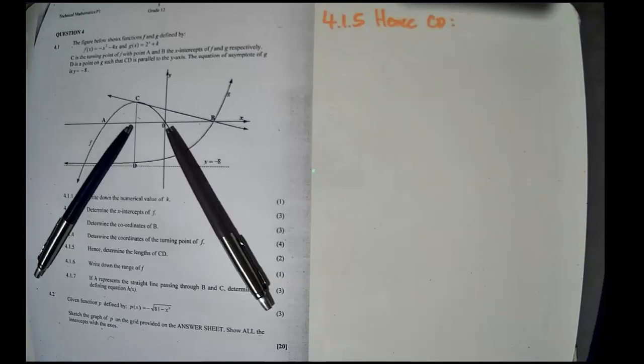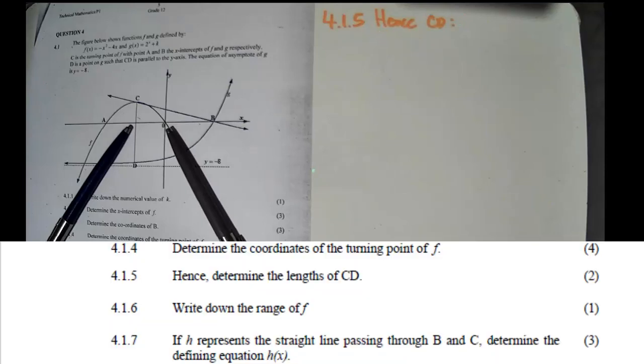Alright. Right, so the next question is 415. They say find the length of CD. So CD is from there to there. So if I want to know how long this is, this means at the first step, I will need to substitute that x value from there to there.